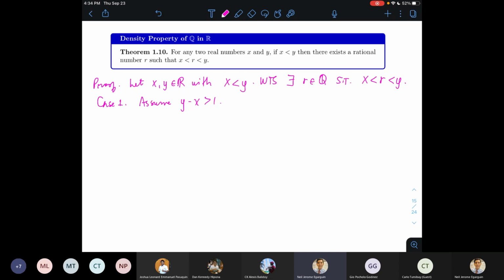I will define a set S. So let S to be this set of all integers z such that x is greater than z. Okay? So essentially, kinolek ko lang into set S lahat ng integers na mas maliit kaysa kay x.